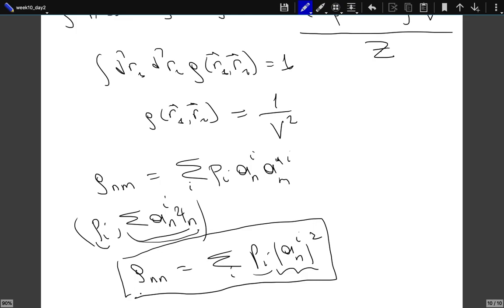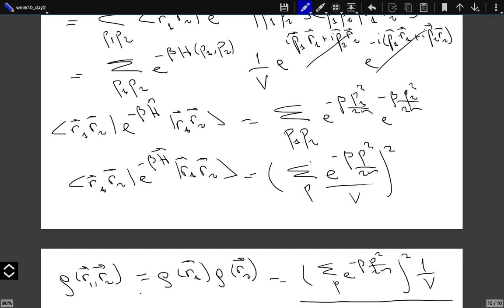So if the probability that I will find all my particles at this point is 1, then the density here will be huge, and the density everywhere else will be 0. So if I'm interested in the density of my particles, that means I'm interested in the diagonal matrix elements of my density matrix in the position basis, because I want to calculate the probability of observing them at this point over here. That's why I take the diagonal entries.